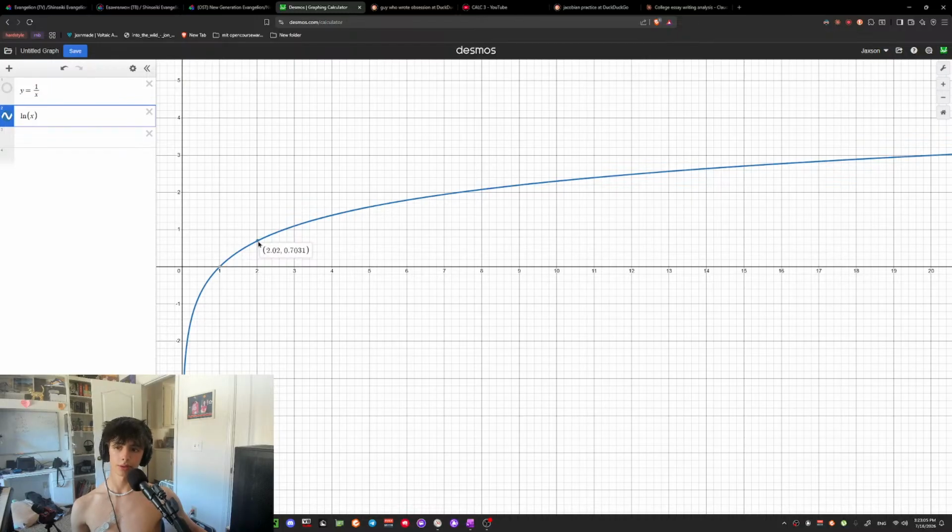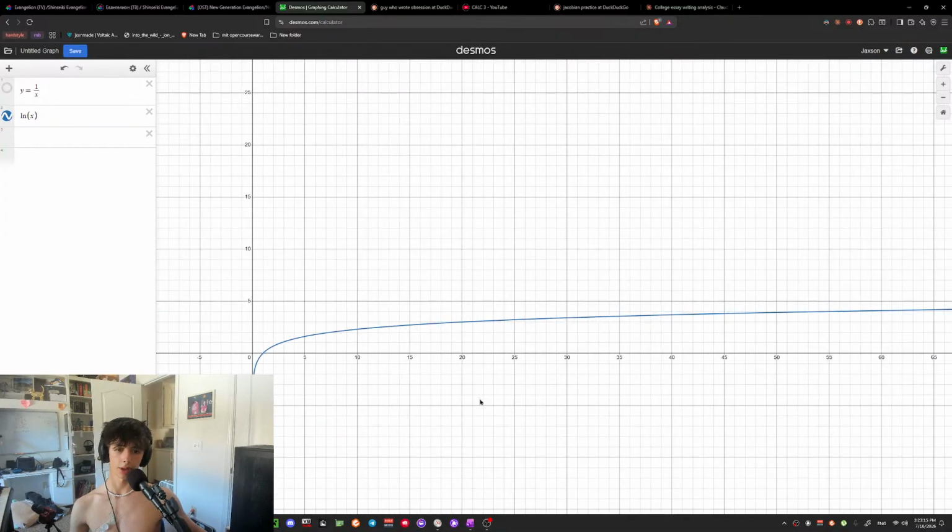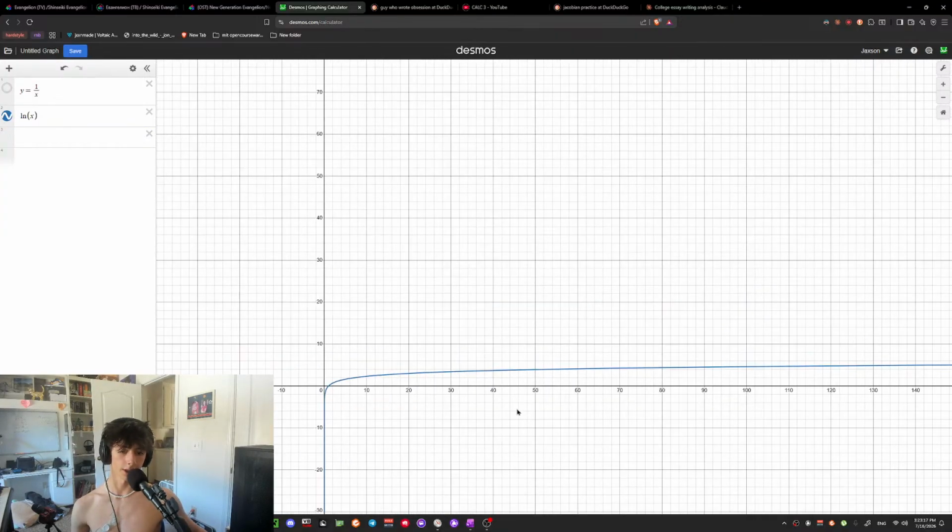Goes to 2. Yeah, there's some difference. We go to 3. There's less of a difference between 3 and 2 than 4, and then it gets smaller and smaller and smaller. And then eventually we're going to have to put in an astronomically large amount of numbers in order to actually perceive a difference. And that's why that happens: we literally perceive something as the ratio of new over old.